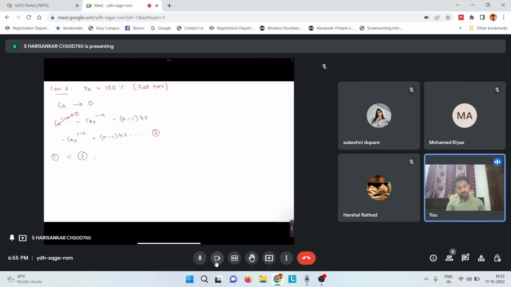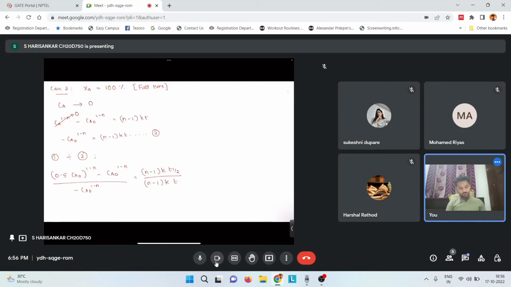What we'll have on the left hand side is (0.5 Ca0) raised to 1 minus n minus Ca0 raised to 1 minus n by minus Ca0 raised to 1 minus n is equal to n minus 1 into K t half by n minus 1 into K t.